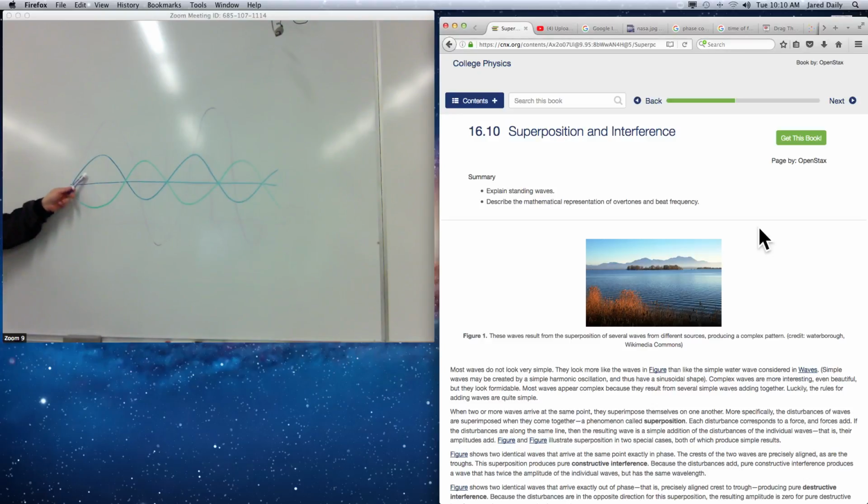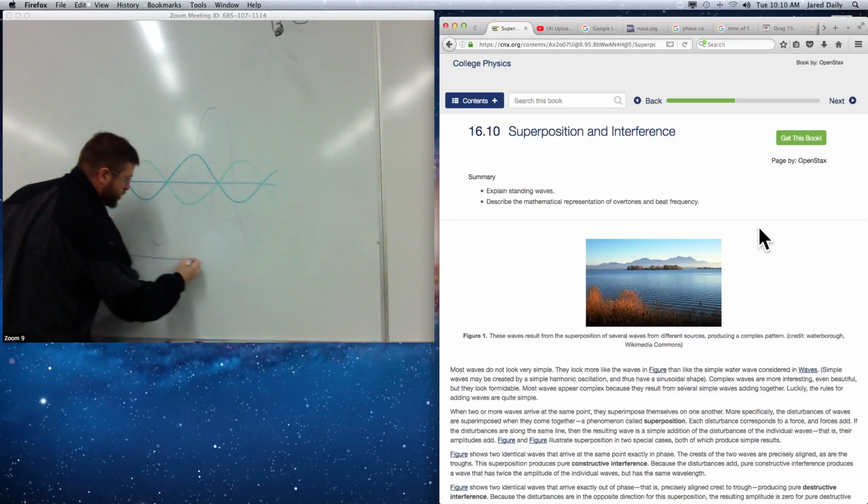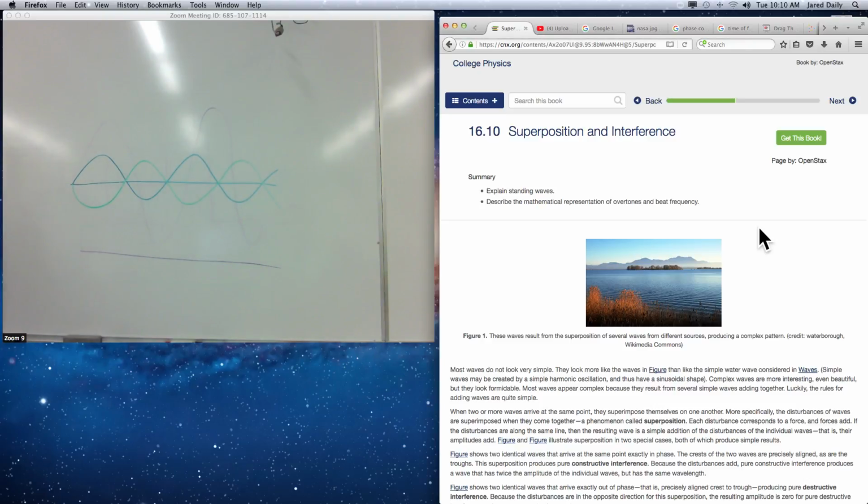This and this is going to cancel this, and this is going to cancel this, and this is going to cancel this. You're going to get a wave that looks like, boop. It's going to be a flat line. Can you do that with waves? You can do it with any wave. You can do it with water waves. You can have two water waves that will interfere this way and make a flat region. Make a nice, even region. Okay? But you can do it with sound waves.